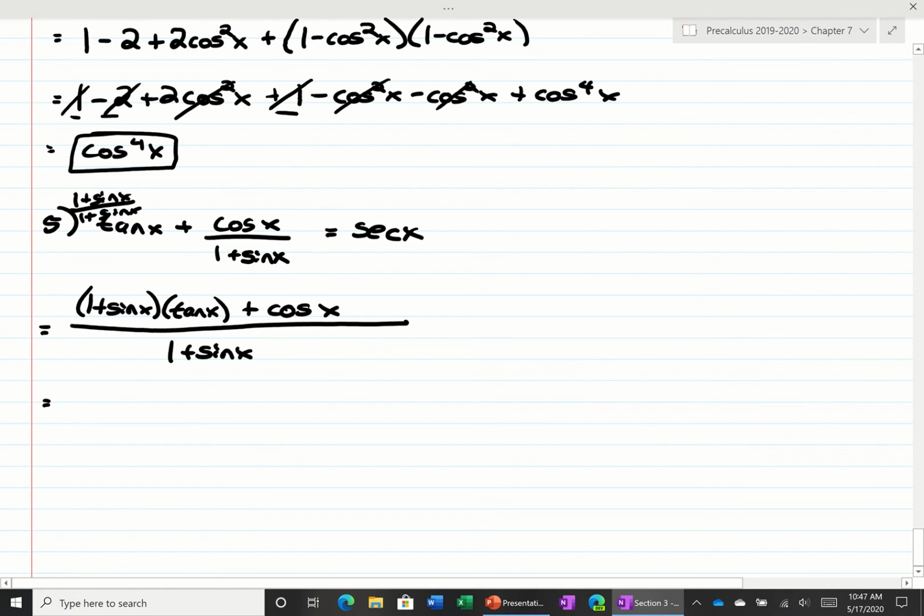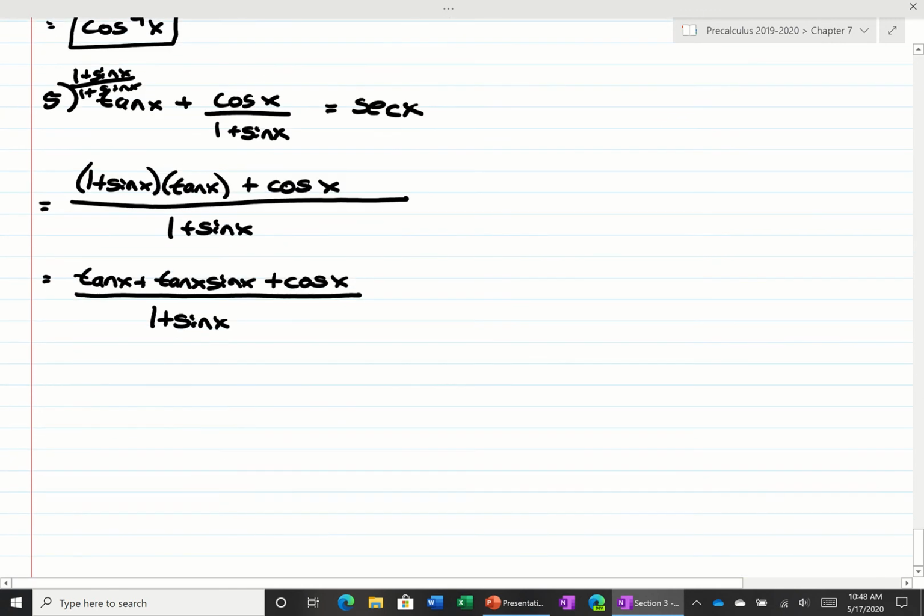We could distribute out the top. Top's going to be tangent of x plus tangent times sine plus cosine of x over 1 plus sine of x. I know tangent is sine over cosine, so let's convert that.